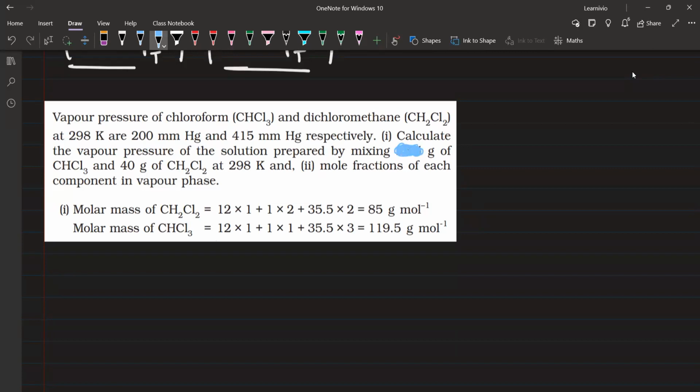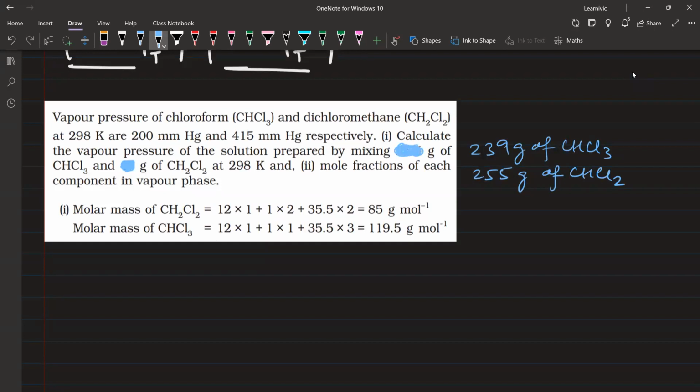We are going to take 239 gram of CHCl3. And we will not take 40 grams, you will not take 40 grams, 255 grams of CH2Cl2.